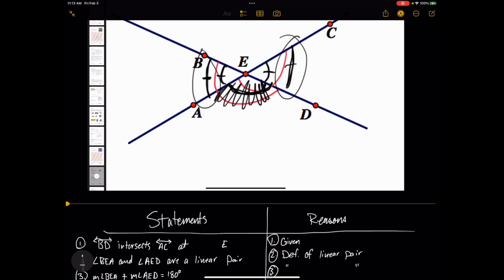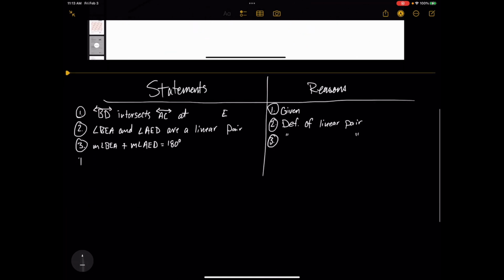So now we have those first ones on the left-hand side. How about the right-hand side? What else do we need to say? Angle CED and angle AED are a linear pair. I'm going to stay with AED since that's what we've used already, to stay consistent.